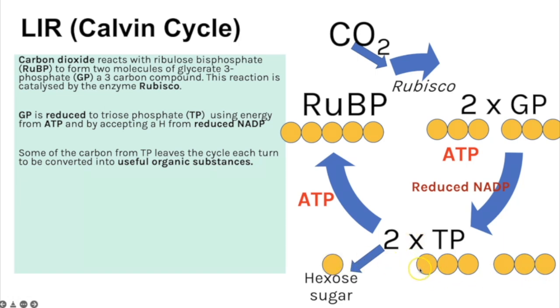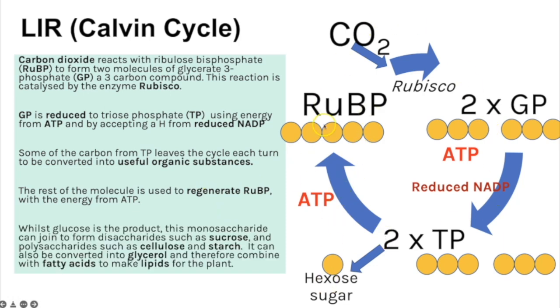One of the carbons is removed from these 2 times 3 carbon compounds, and it goes towards creating a hexose sugar. That will leave behind 5 carbons, but as a 3-carbon compound and a 2-carbon compound. So ATP is needed to form those back together, or in other words, regenerate RuBP.